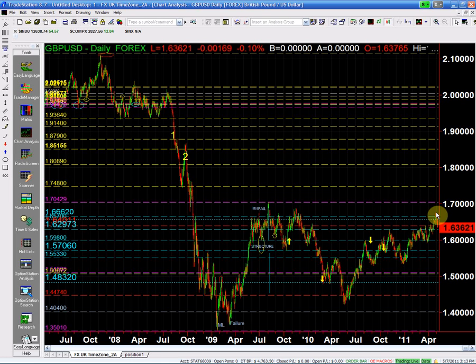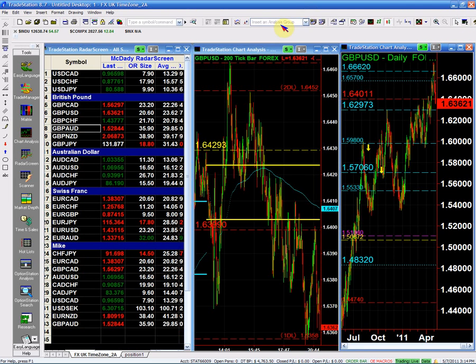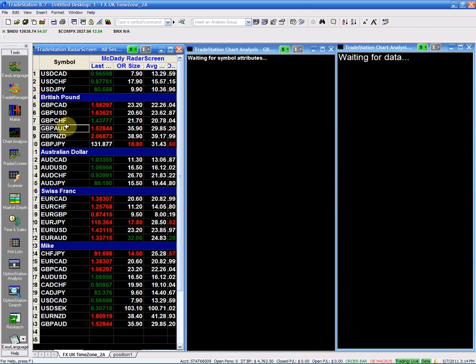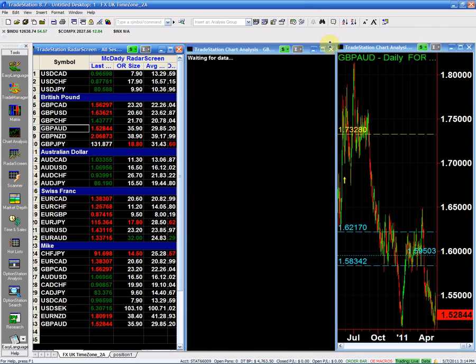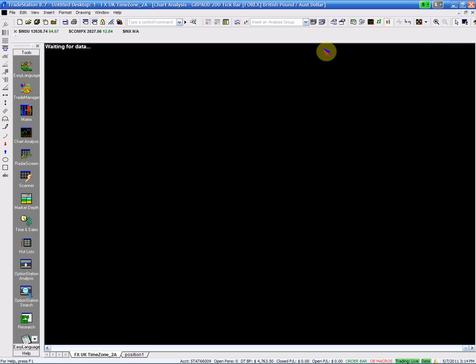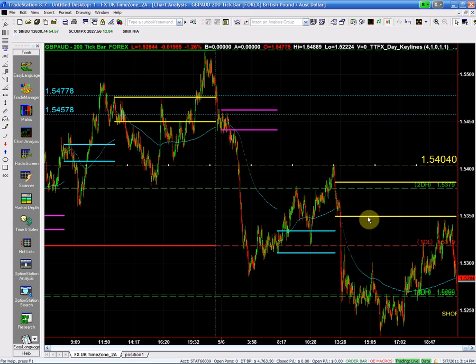And again, by looking and identifying those strengths and weaknesses, you can place yourself on the right side of the market. So as I said, we are going to be buyers above the 154, we are going to sell it below the 152.50.